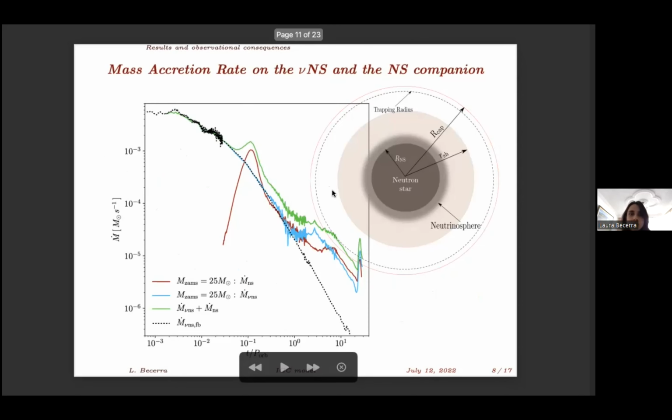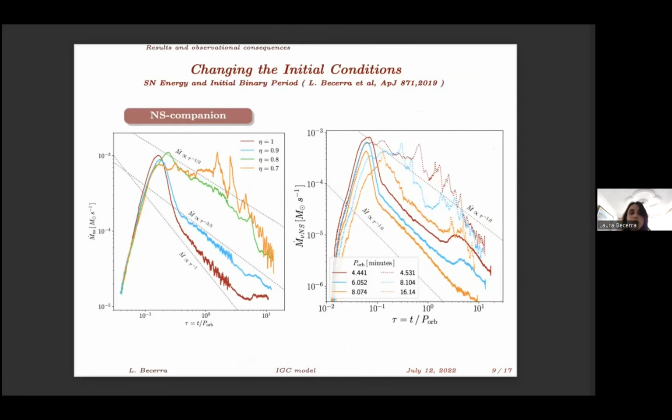And well, with this, we can now start to change the initial parameters of the system in order to evaluate how they influence the evolution of the system. So for example, here there are some accretion rates. In this left plot, we have changed the kinetic energy of the supernova.